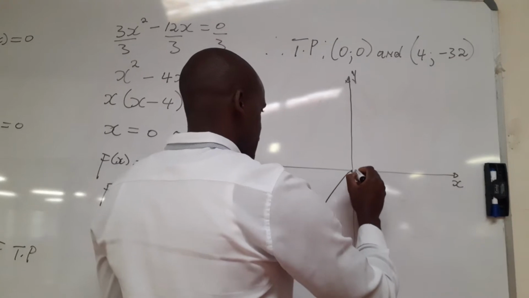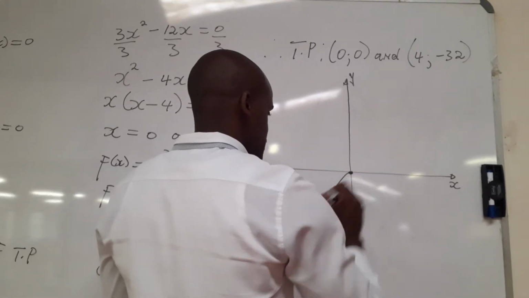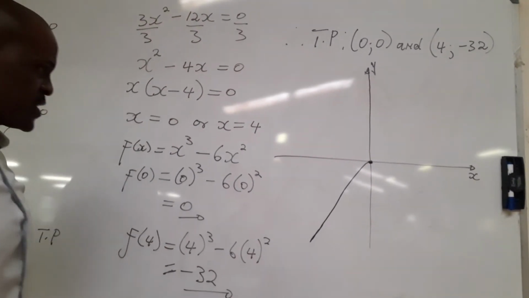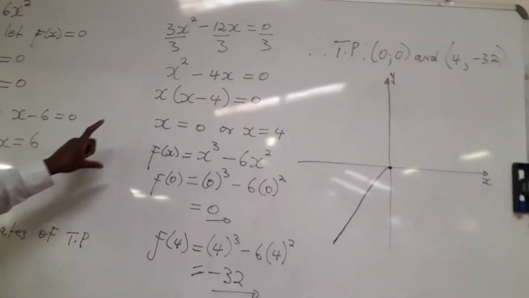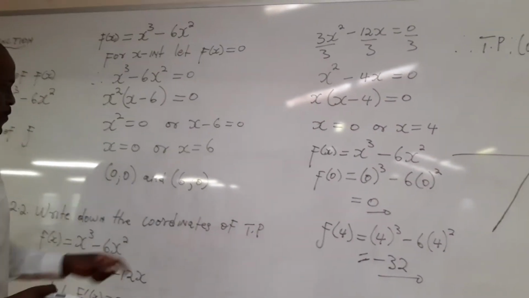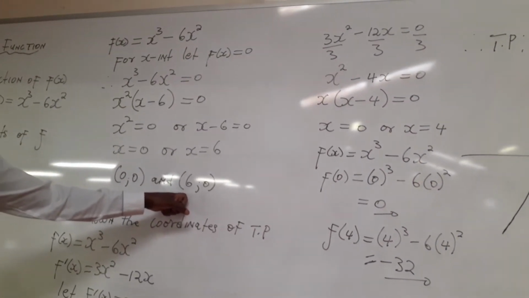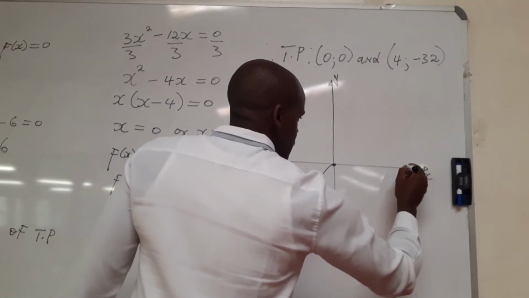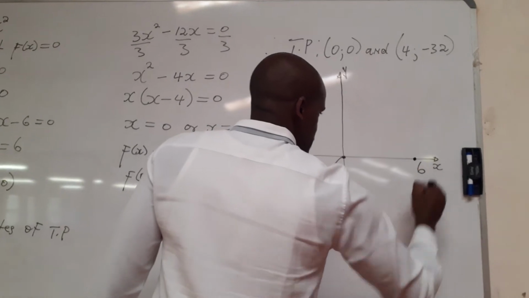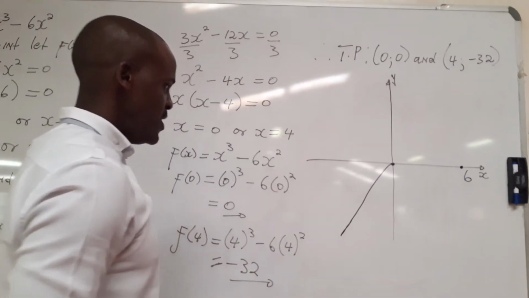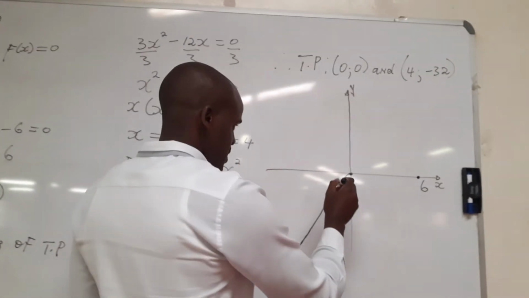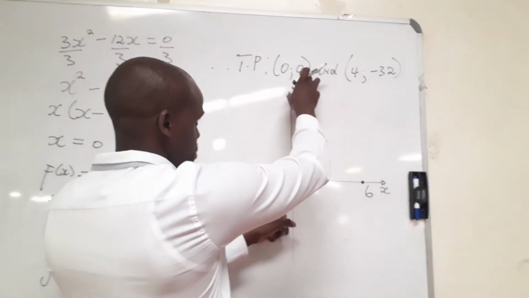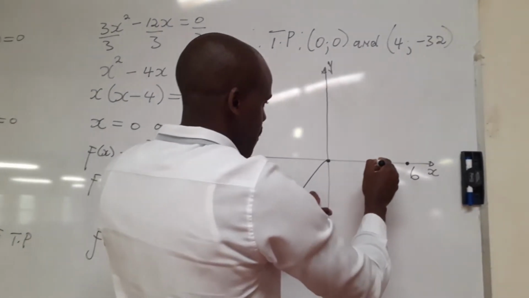The other x-intercept is that one. So it's 6 here. And then the turning points, we've got 0 is to 0 and 4.